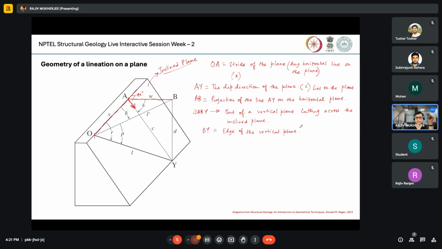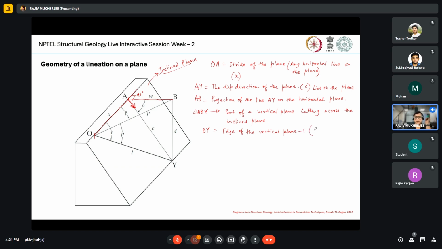And now there is another vertical plane cutting across this inclined plane. We will talk about it later, but let's just say that this is the edge of the vertical plane 1, right?